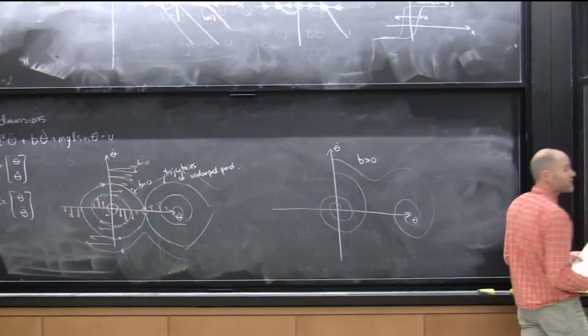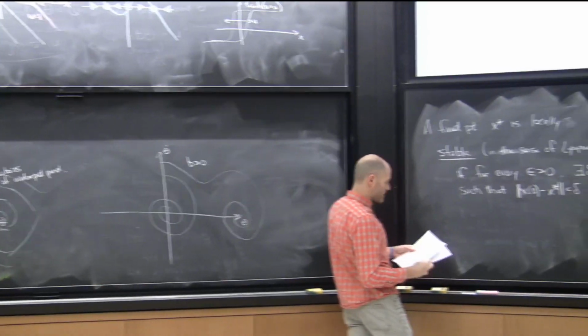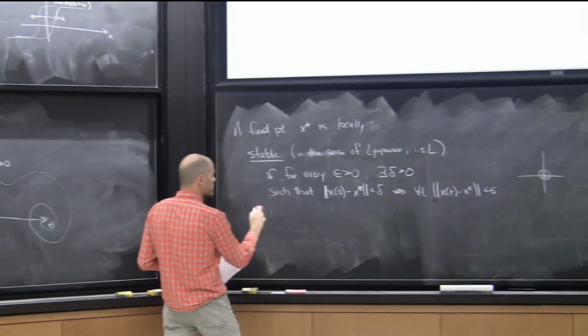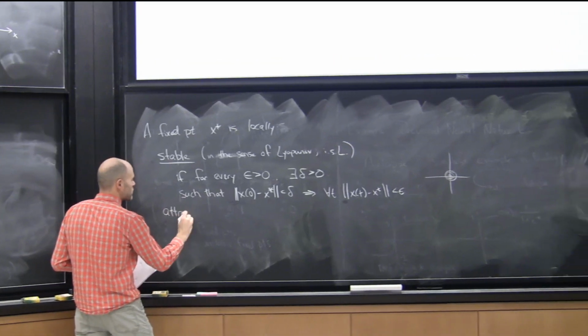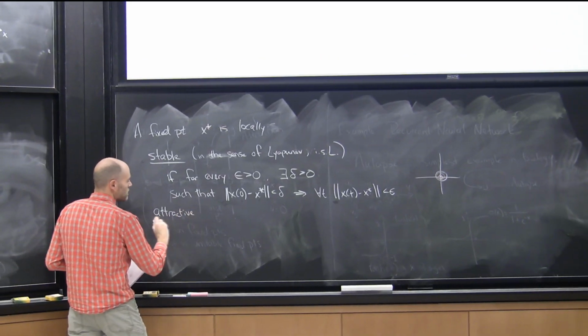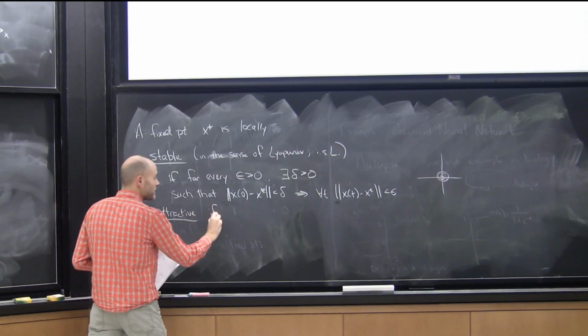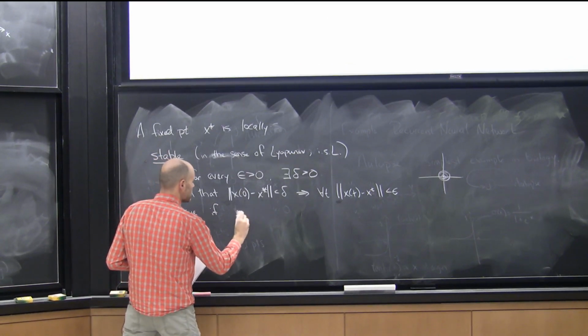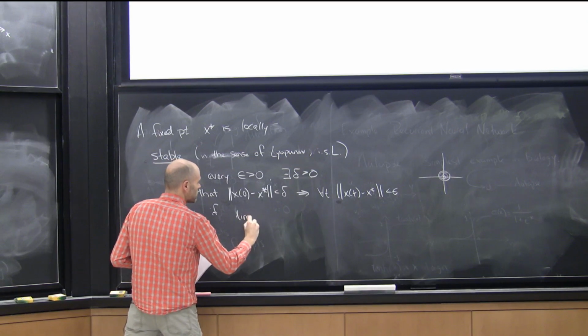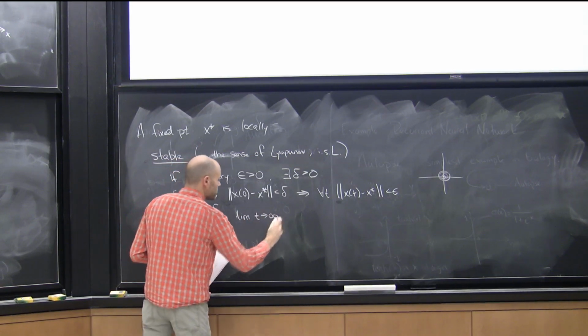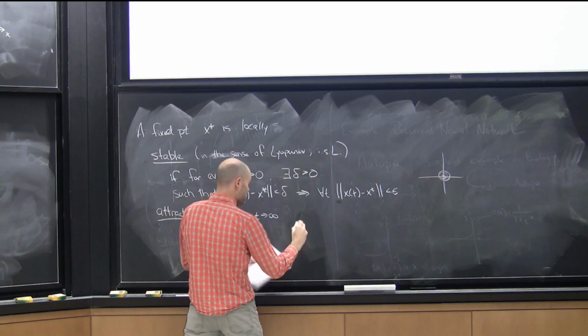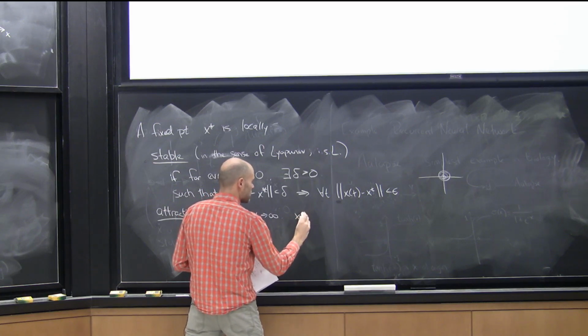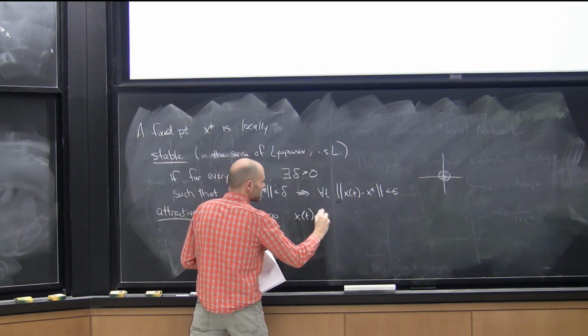Stable in the sense of Lyapunov is, when we say stable, we're going to mean stable in the sense of Lyapunov. There are more definitions here, though. It's attractive if it actually gets to the goal. If, as the limit of time goes to infinity, x of t goes to x star.